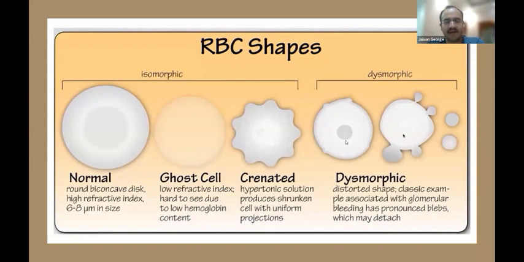Isomorphic RBCs are biconcave and about 6 to 8 microns in size. These can appear crenated in hypertonic urine and can appear spherical or ghost cell-like in hypotonic urine. And then there are dysmorphic forms of RBCs. The presence of dysmorphic RBCs tells us that the source of hematuria is glomerular.